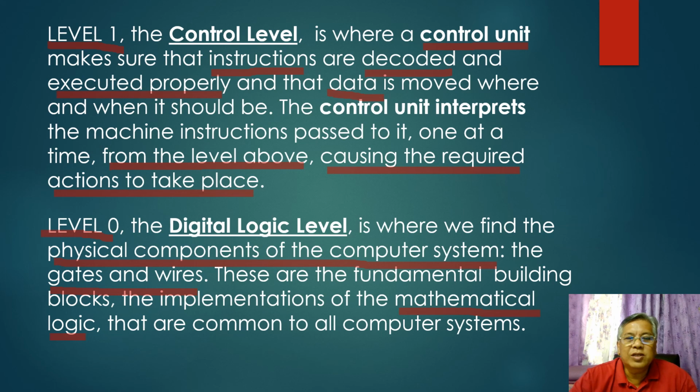So in other words, digital logic level is in the form of integrated circuits, no? Because it says here physical components of the computer. Okay? So these are the ICs in your central processing unit, in your memories, and so on.